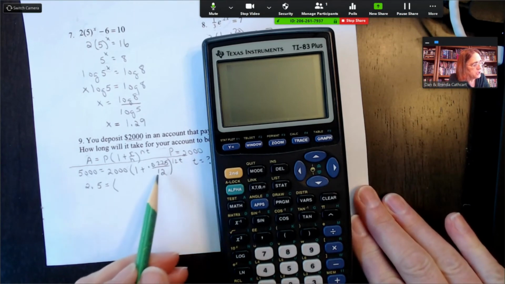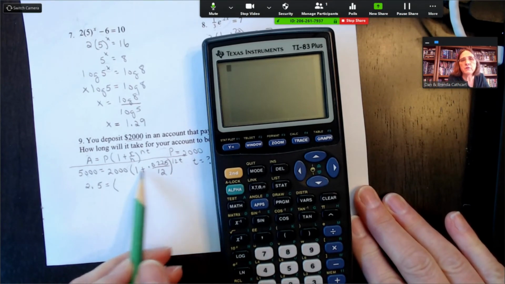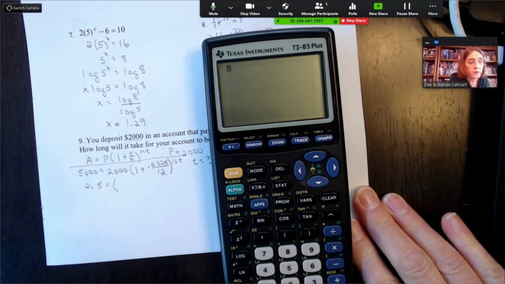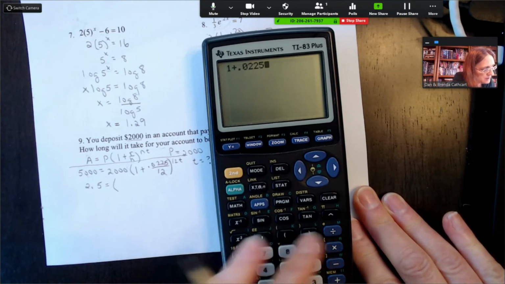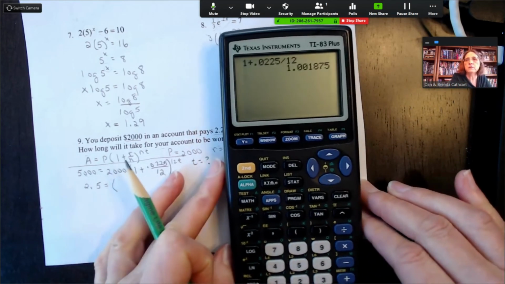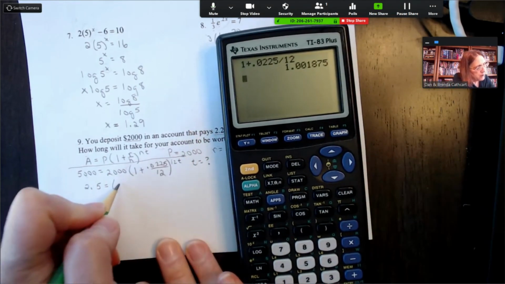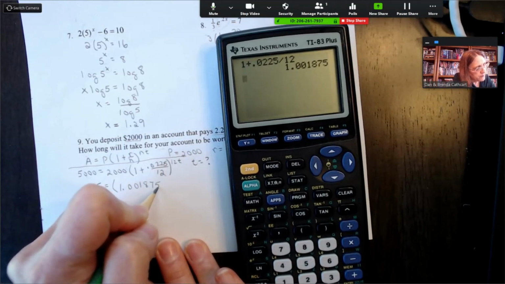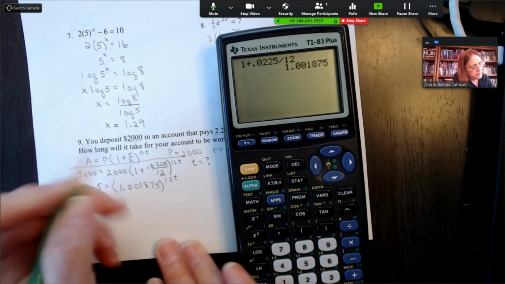So small changes in our base, if we round, are going to end up with large changes in our answer. So avoid rounding. So we have 1 plus 0.0225 divided by 12. This is going to be our base, and we are going to keep all of those digits for our base. 1.001875 raised to the 12t power.